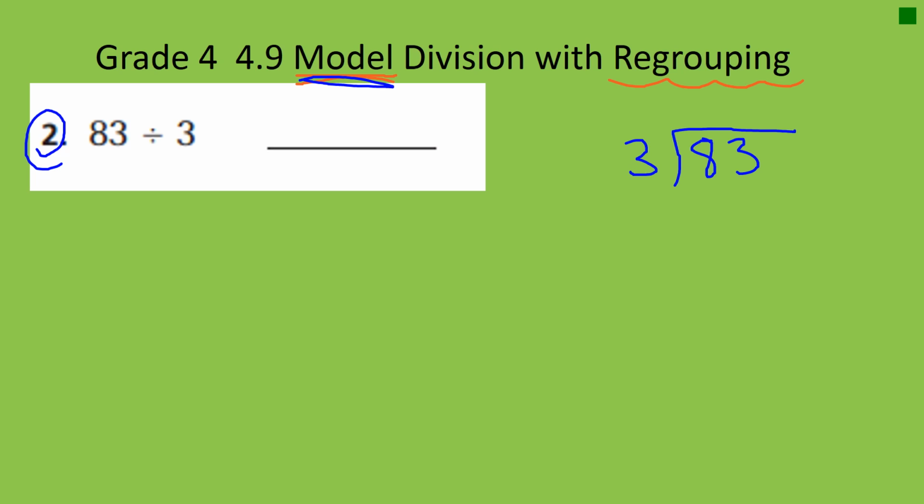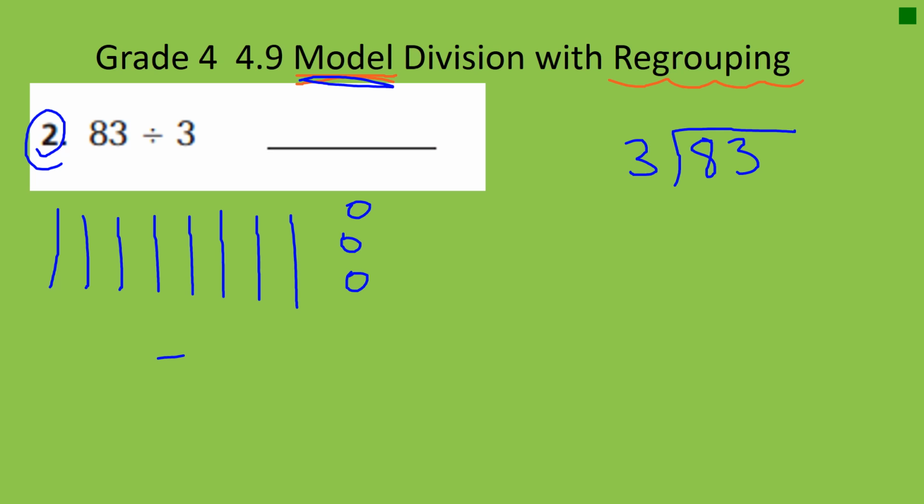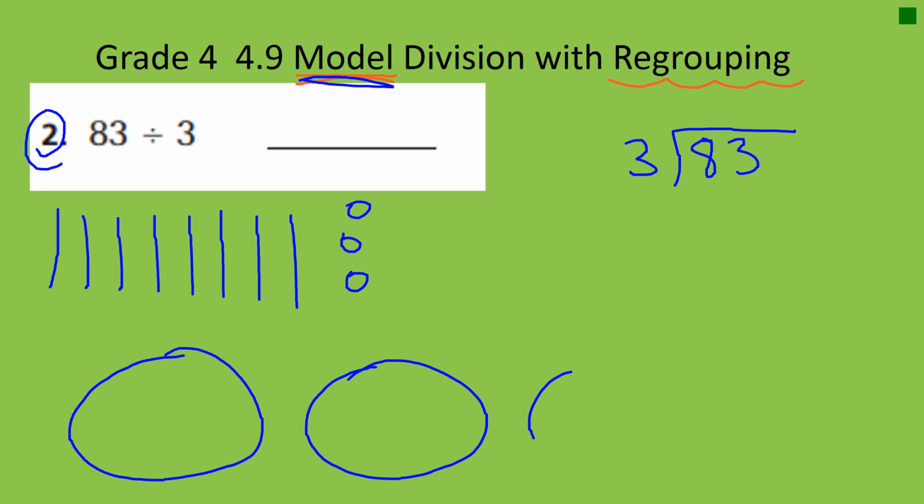Let's start out, of course, with 83 written like base 10 blocks. 1, 2, 3, 4, 5, 6, 7, 8. Those are 8 tens and 1, 2, 3 ones. 83. And we're going to divide into 1, 2, 3 equal groups, right? 83 divided into 3 equal groups.